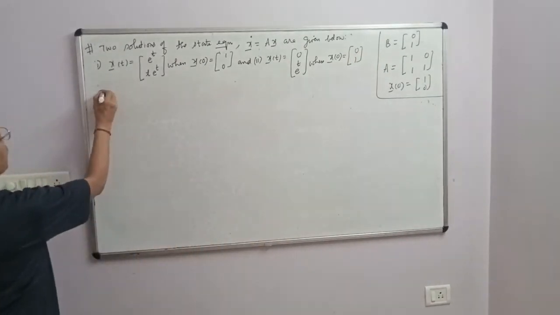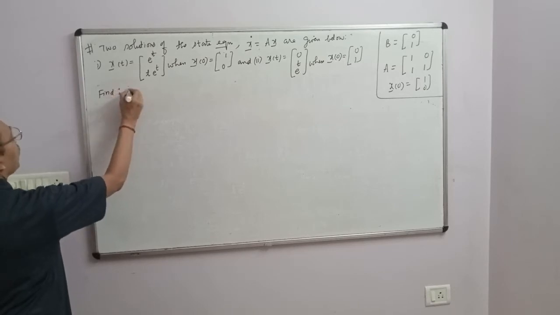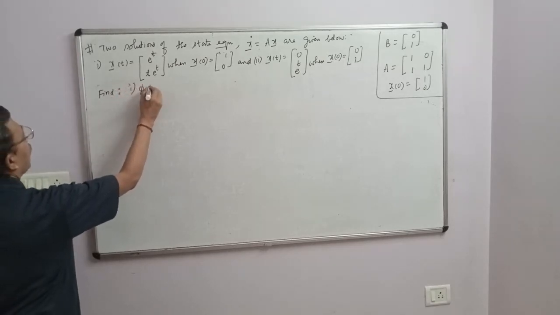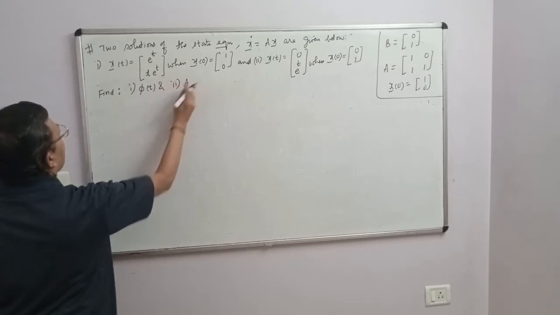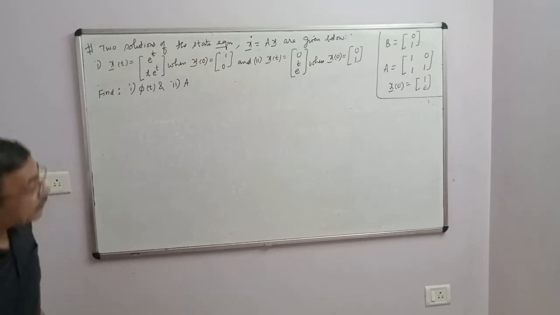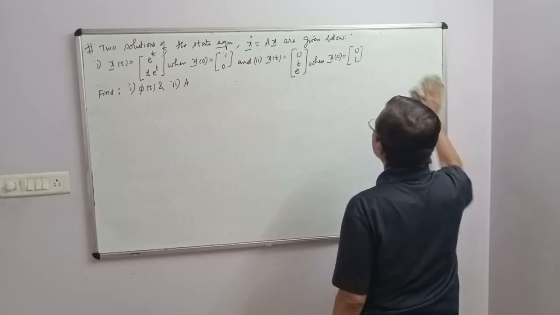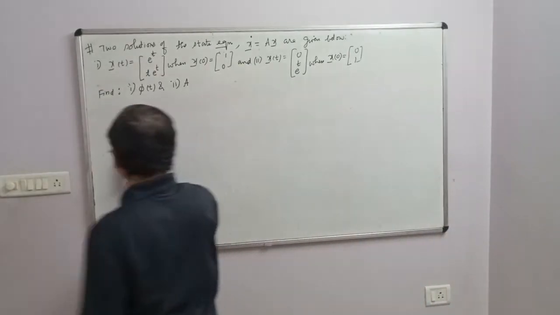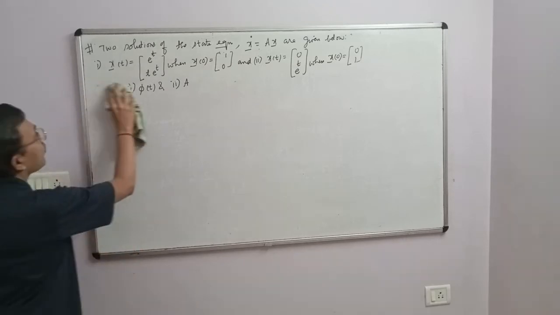Find, first one phi of t and second one system matrix. Two sets of solutions are given. So we have to find state transition matrix and system matrix.